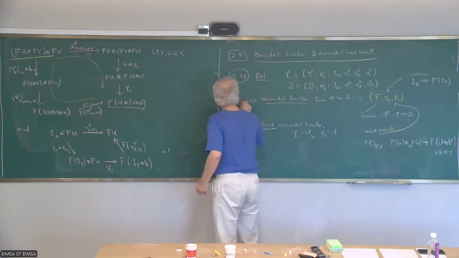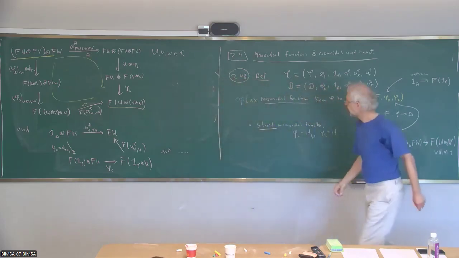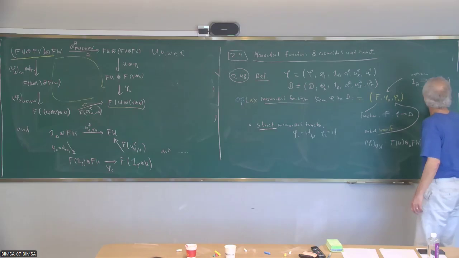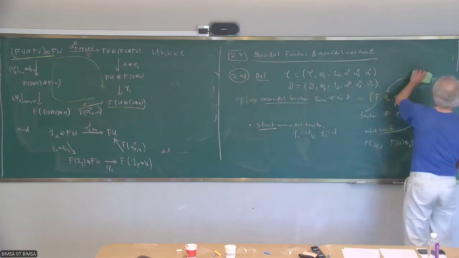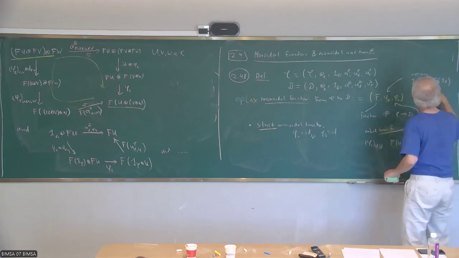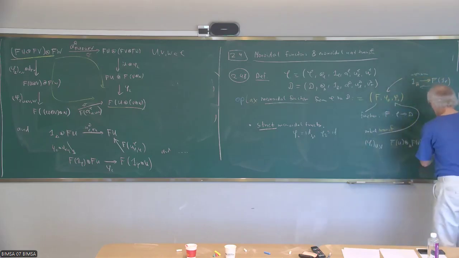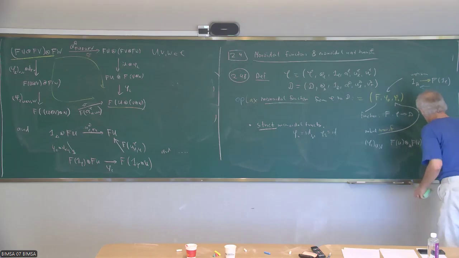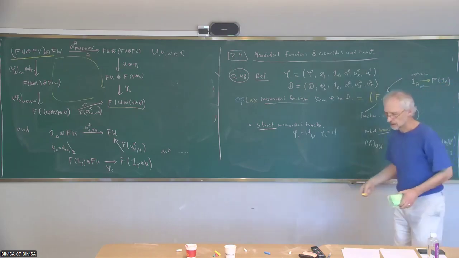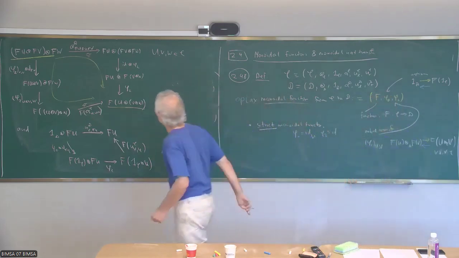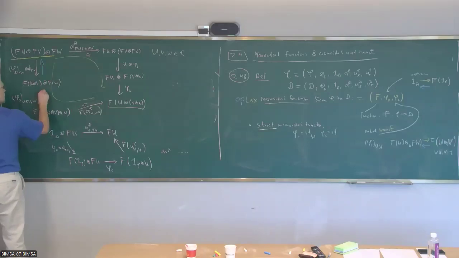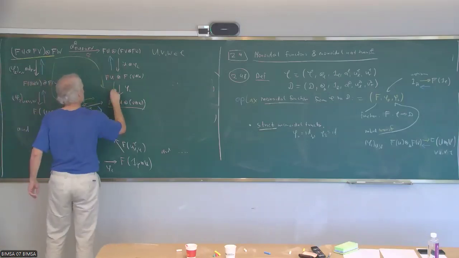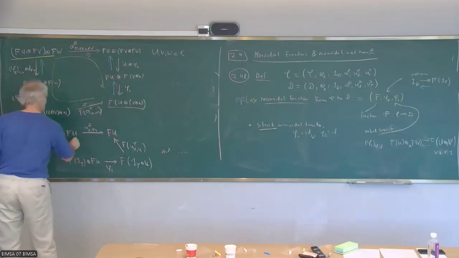Conversely, we say we have an oplax monoidal functor if instead we have a morphism in this direction and a natural transformation in this direction, and then we have again consistency conditions, but of course in the opposite direction.